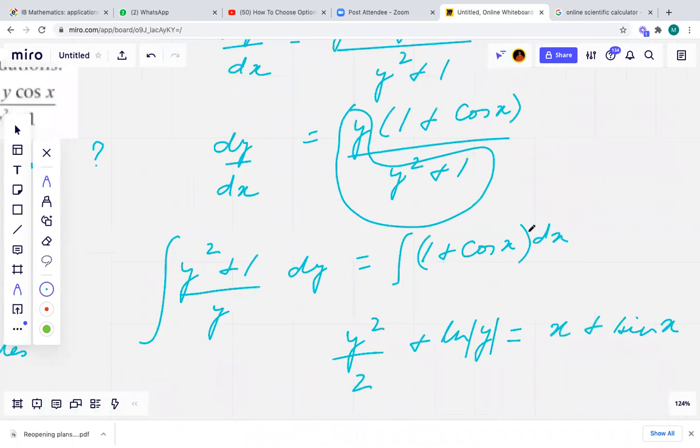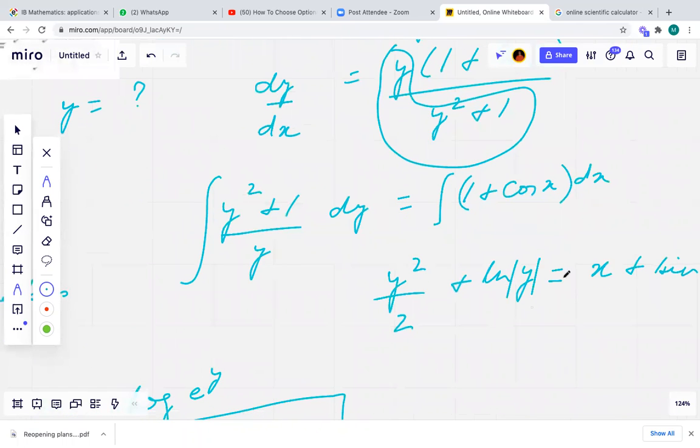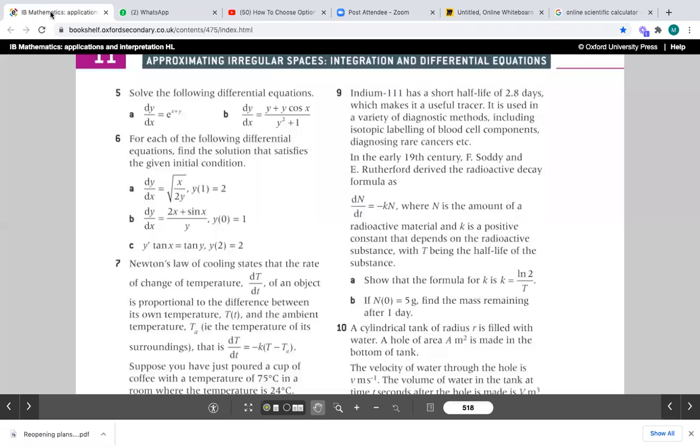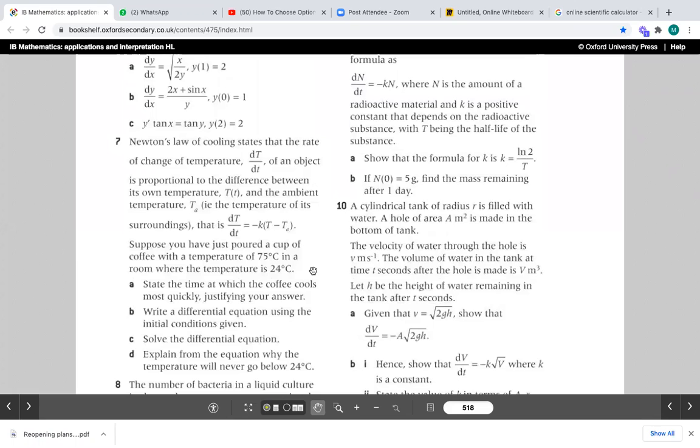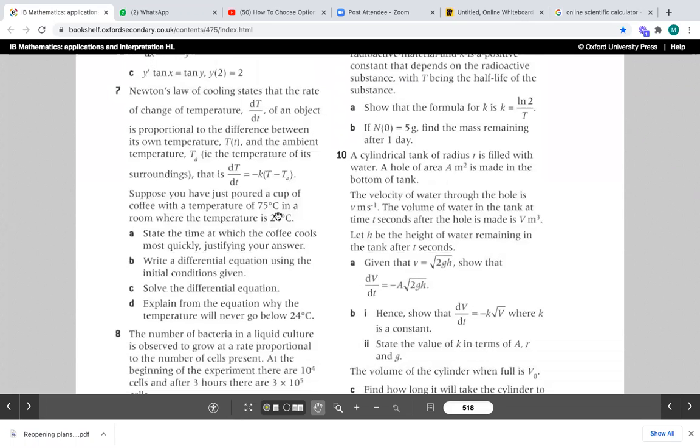Okay, we'll do some interesting problems. These problems are not so interesting. Okay, let's do this one again. I'm sorry, I'm yawning.